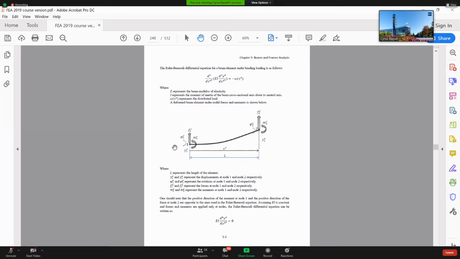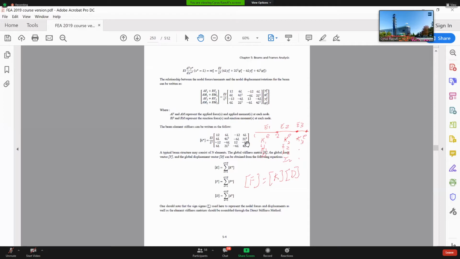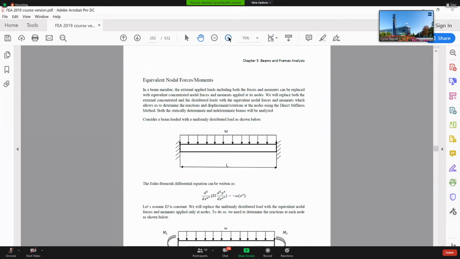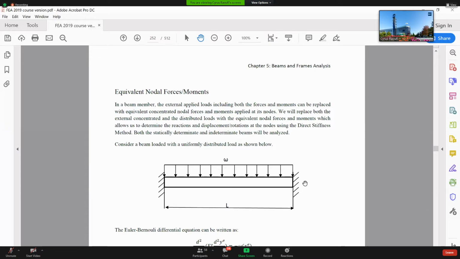And based on this assumption, we developed that element stiffness matrix. However, as you know, in some cases that's not the case in terms of the loading. If I say this is one beam, one element, and I want to solve this problem and find the stress using the direct stiffness method, I look at this one and say, okay, how can I solve this problem?